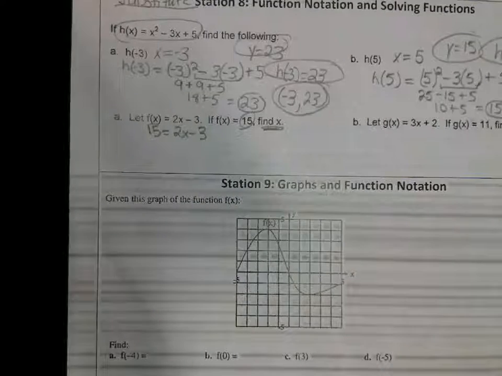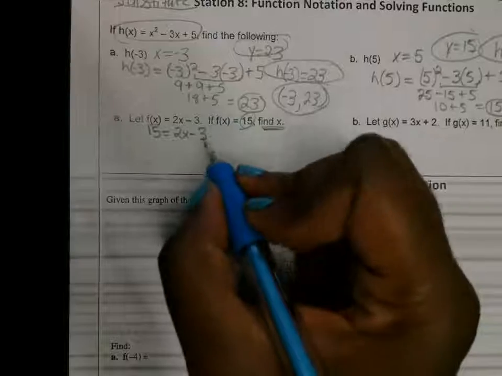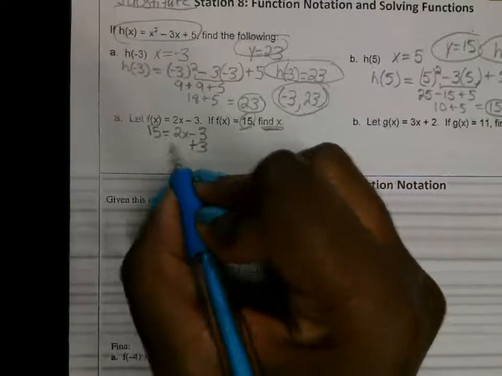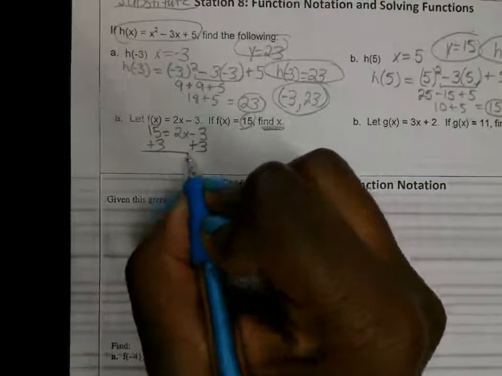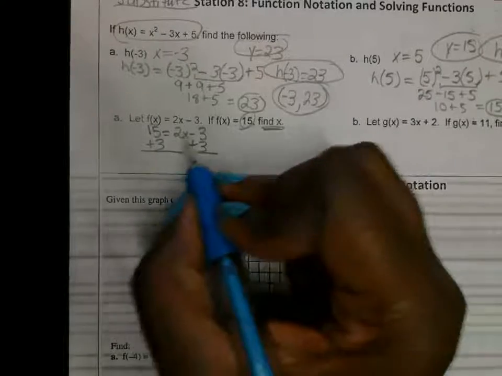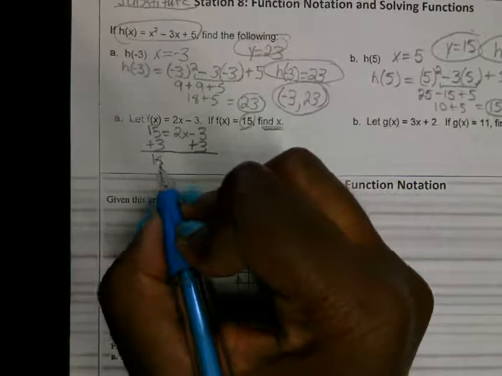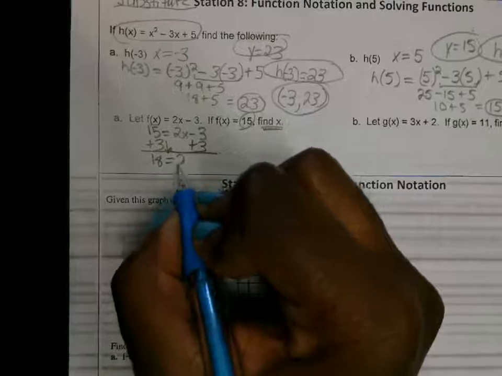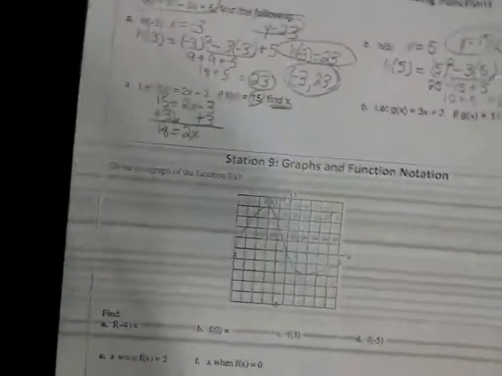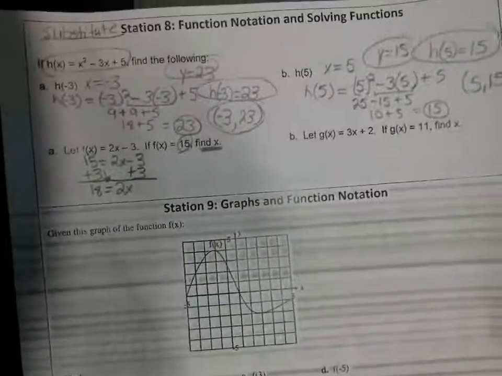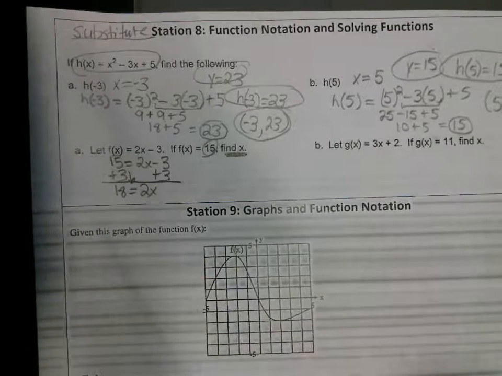Now we're going to solve for x. How now do we solve for x? You add 3 on both sides. What's 15 plus 3? 18. Okay. Now what do we do? Divide by 2.